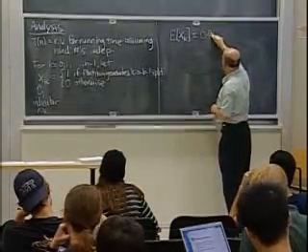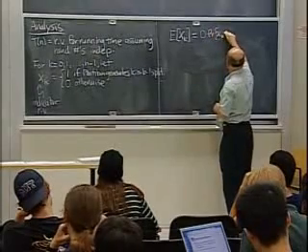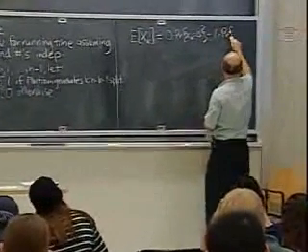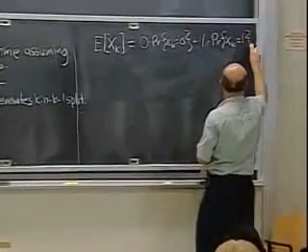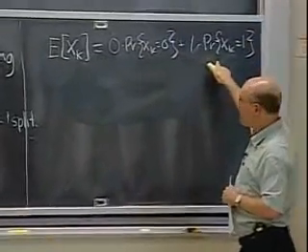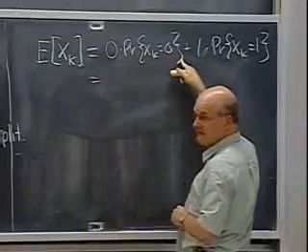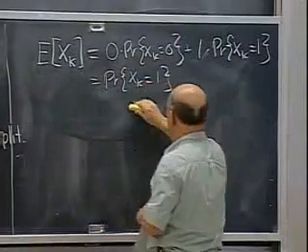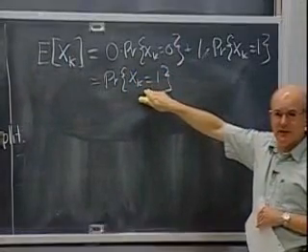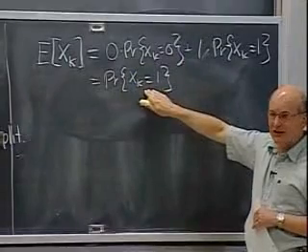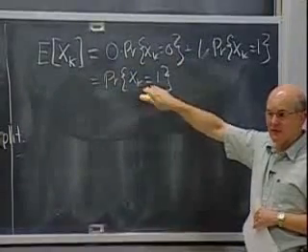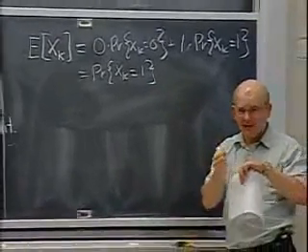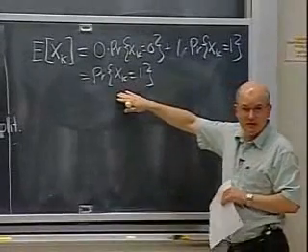That's 0 times the probability that x sub k equals 0, plus 1 times the probability that x sub k equals 1. Which is equal to, well, that's all 0, so it's just the probability that x sub k equals 1. And that's a general property of indicator random variables: their expectation is the probability that they're 1. So the nice thing about indicator random variables is that it directly connects the probability to the expectation without any other terms going on.